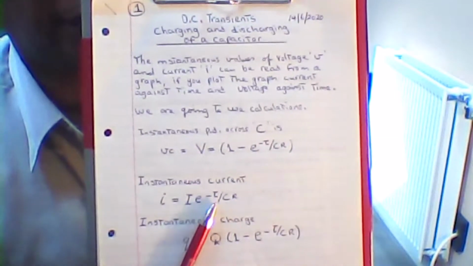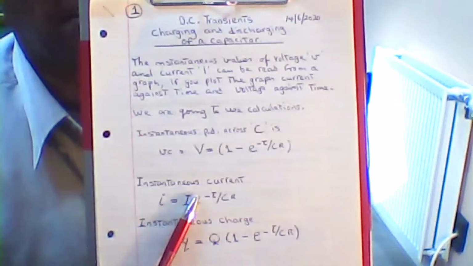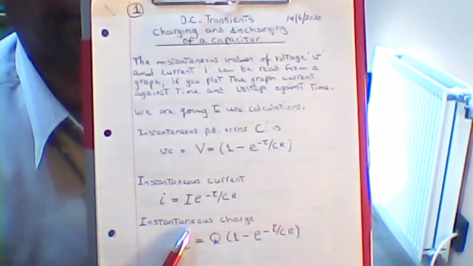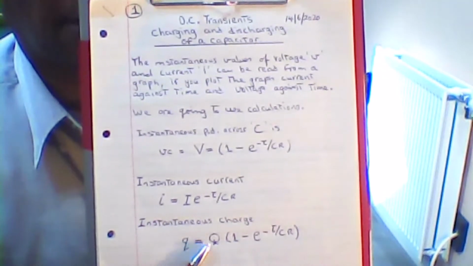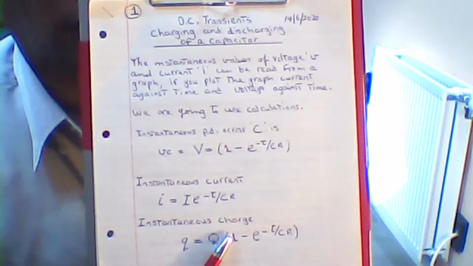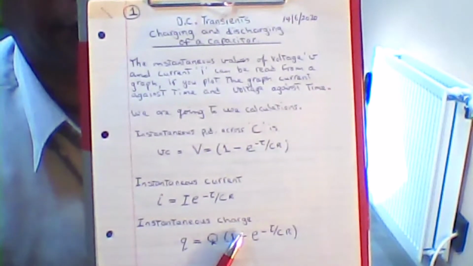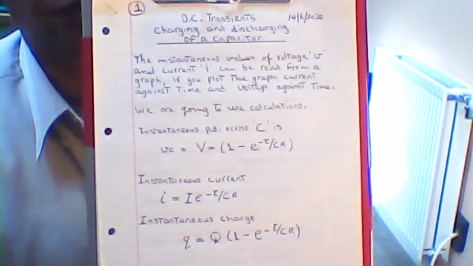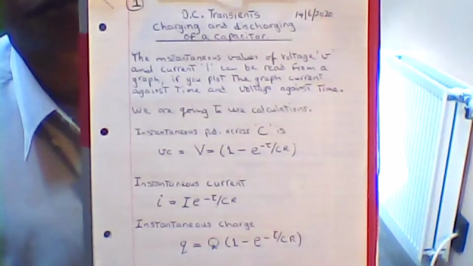Now instantaneous current, and again these are formulas: I equals I e to the minus t over CR, and the instantaneous charge, little q, equals big Q, open brackets, 1 minus e to the minus t over CR. I want to make sure that you have this and you can see this for yourselves.